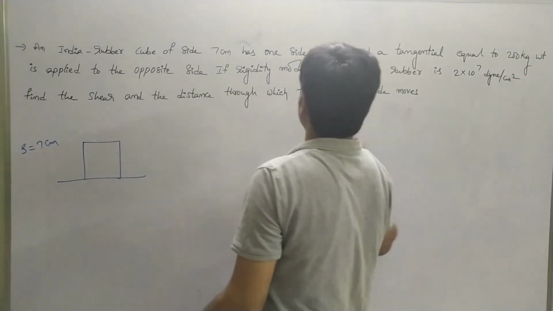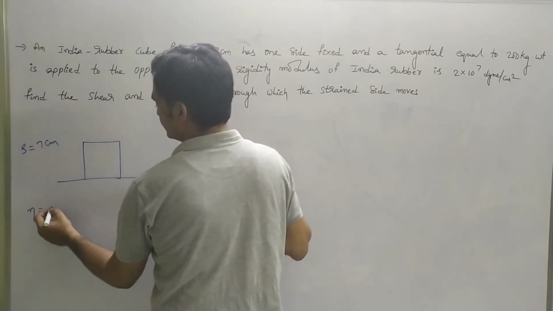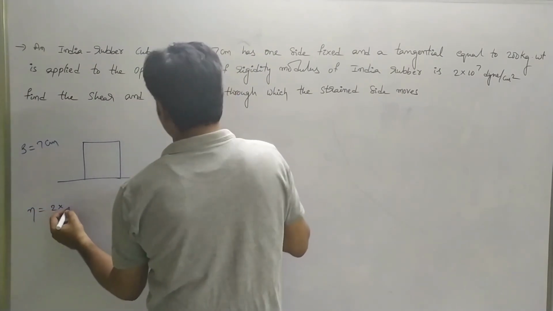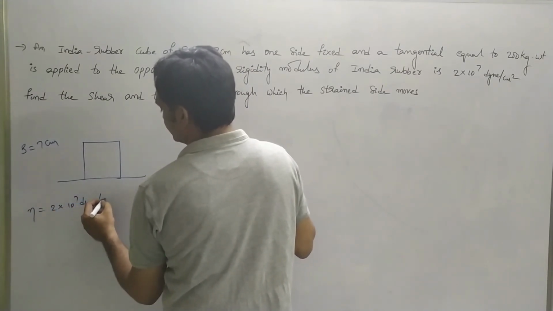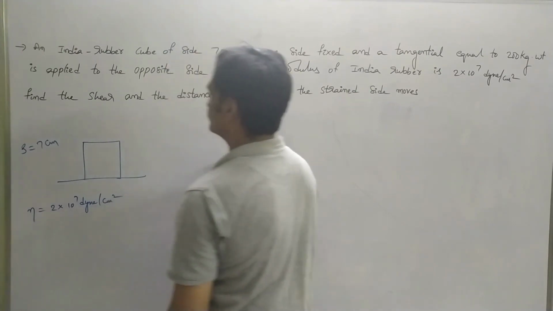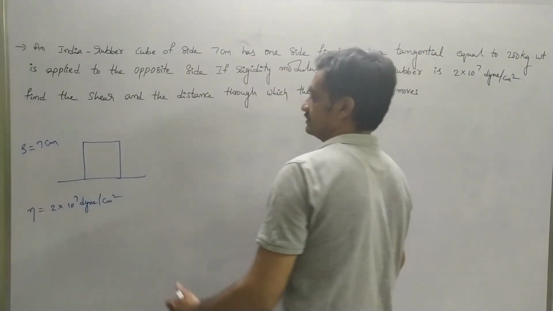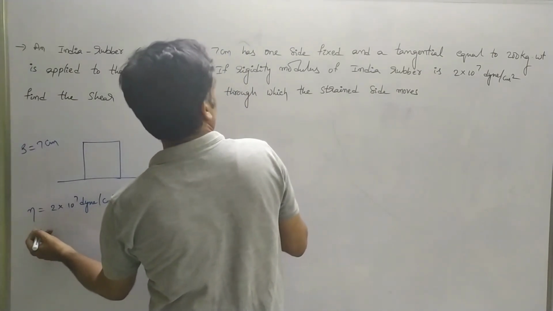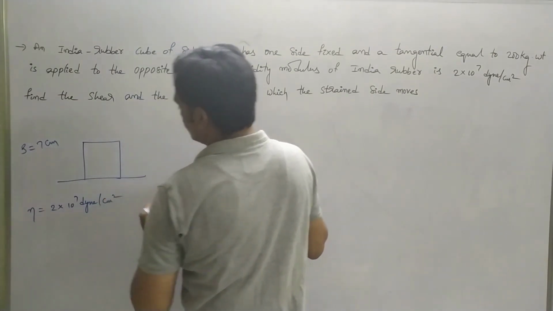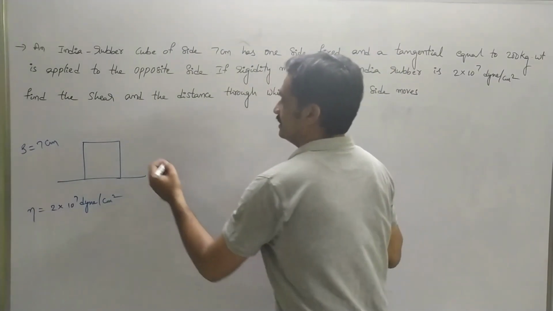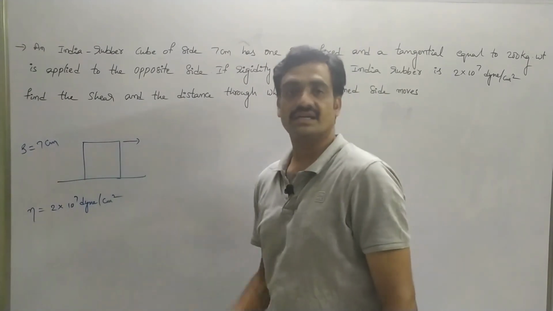Whereas the rigidity modulus of this cube is 2 into 10 to the power of 7 dyne per centimeter square, and here observe that force is applied on this opposite side.